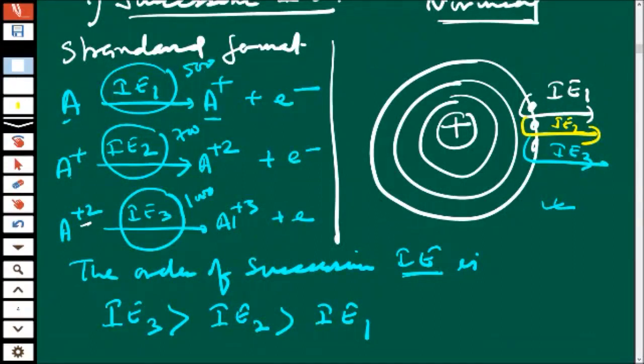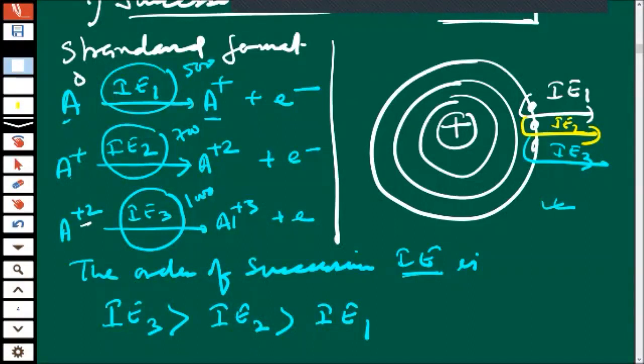I will tell you both normal and standard language, and I can use them interchangeably. So the charge present on the particle is also known as the oxidation state. If nothing is written, it is 0.